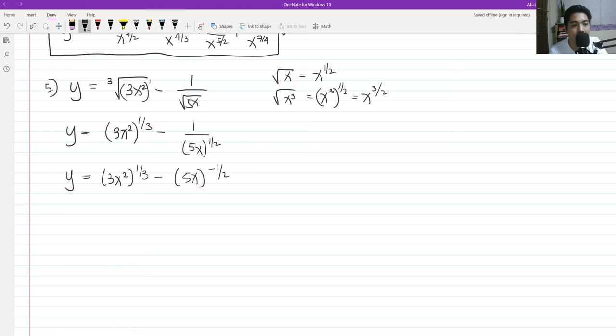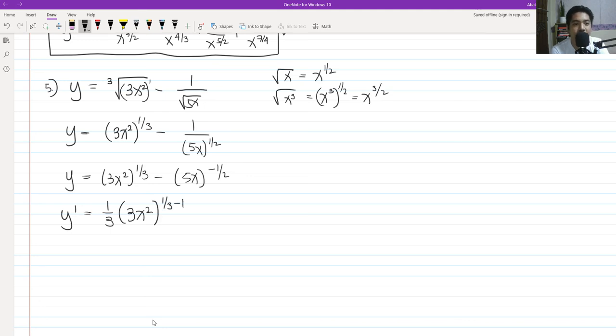Okay. So, applying the power formula here, we have 1/3 and then we have 3x squared raised to 1/3 minus 1.